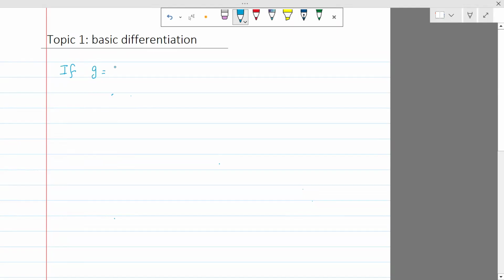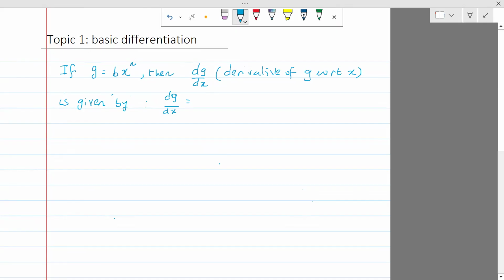If I tell you g is b x power n, then dg by dx, which is called the derivative of g with respect to x, is given by, so what I'm going to do, I'm going to take this n to find the differentiation.